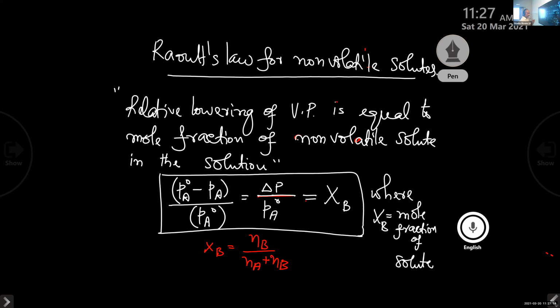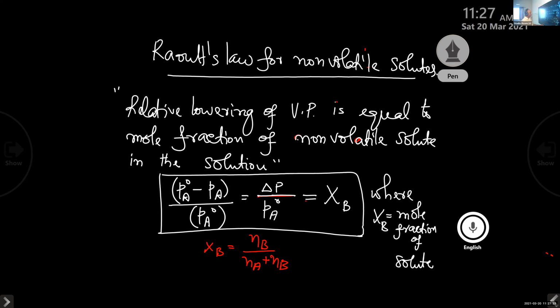For a very dilute solution, the number of moles of the solute is a very small value. That means NB is a very small value.